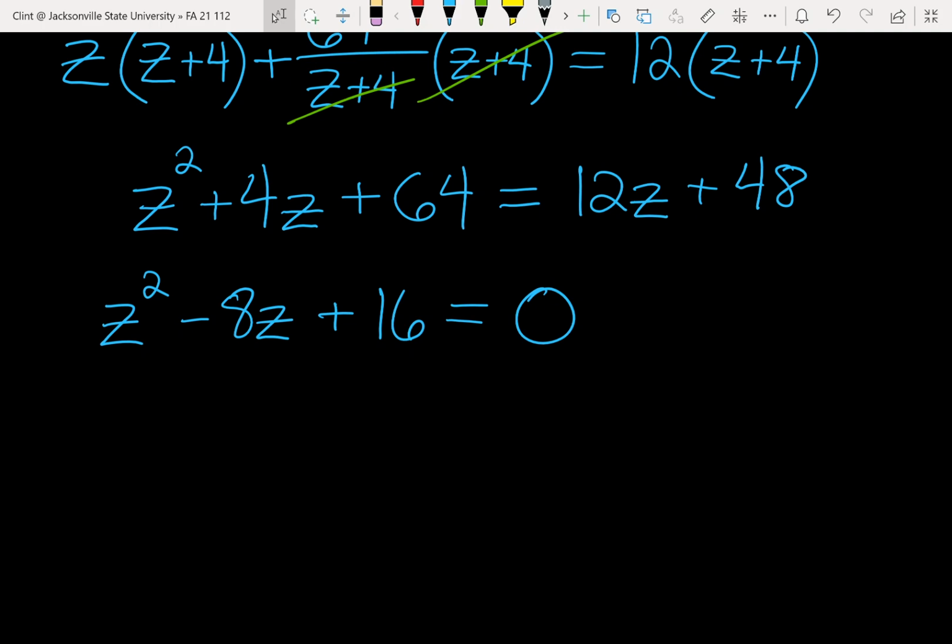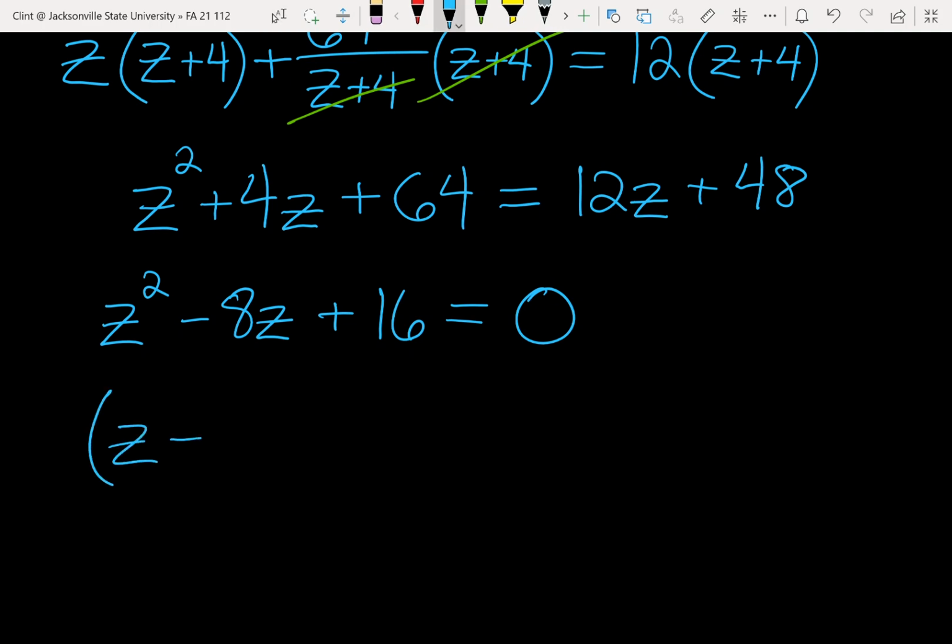Because we need factors of 16 that would give us negative 8. So we've got 1 and 16, that won't work. 2 and 8, that won't work. But if we do 4 and 4, and we need it to give us negative 8, we can do negative 4 and negative 4, that'll work. So I'm going to factor here.